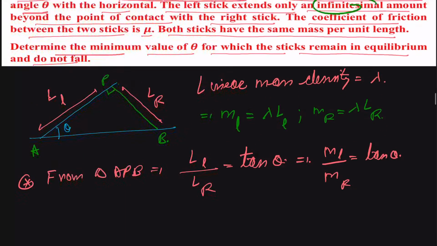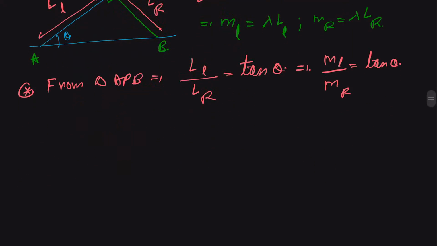Here we have to remember one thing, that this entire system is in equilibrium. Let me draw this figure again, and then we can draw all the forces within this. So we have this at 90 degrees.